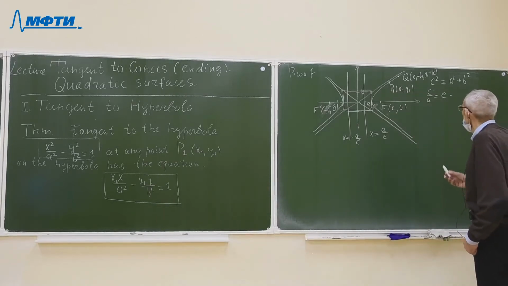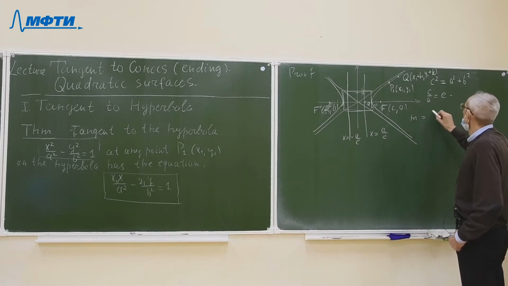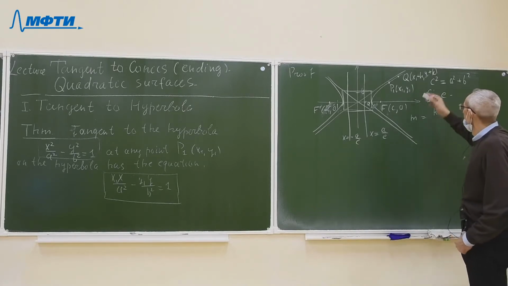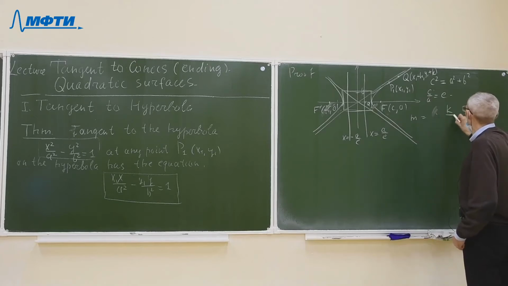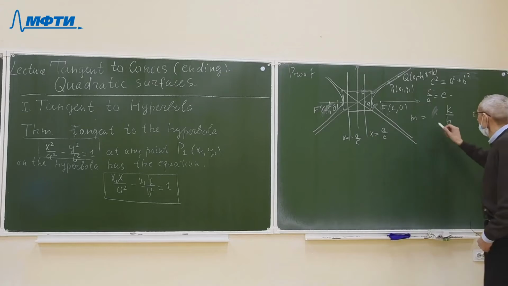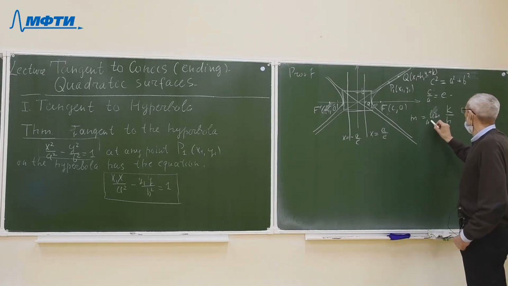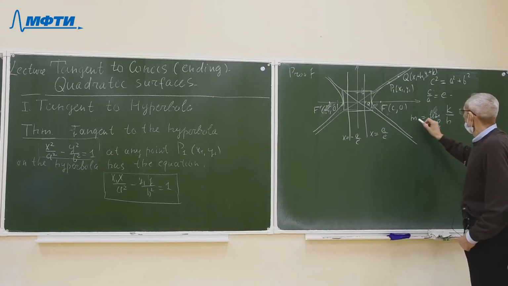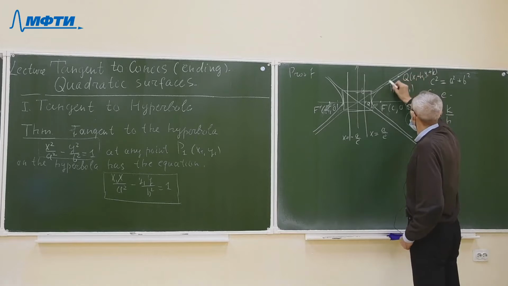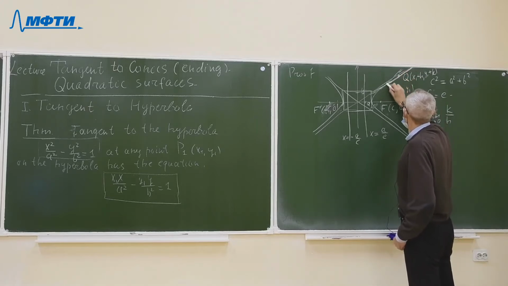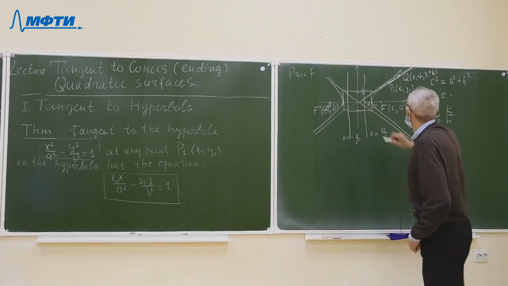And the ratio k to h is the slope of the section, the slope of our section, and in the limit when h goes to 0 and k goes to 0, we obtain the slope of our tangent.